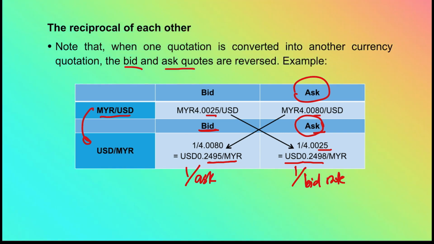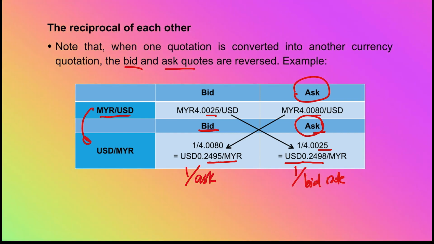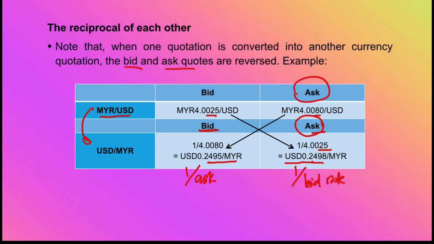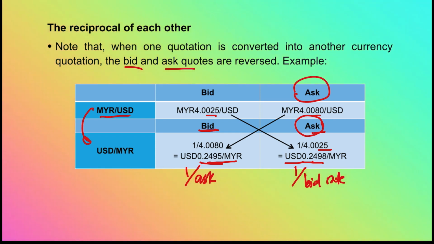As I told you before, the bid rate is always lower than the ask rate. The bid rate is 0.2495 and the ask rate is 0.2498, so the bid rate is lower than the ask rate. I hope you guys understand the concept and how to calculate the bid and ask rate.